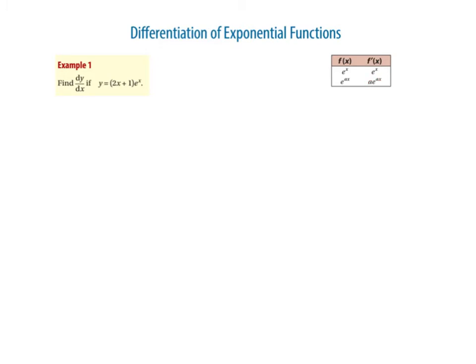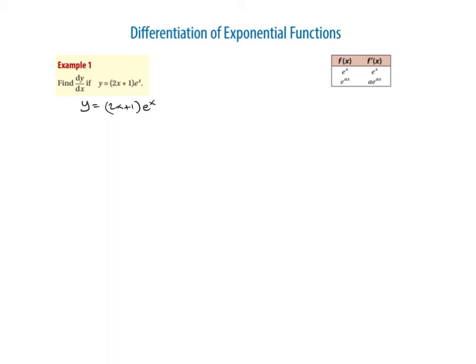So let's have a look at a few examples here. We've got find dy dx if y is equal to (2x plus 1) e to the x. Okay, so let's rewrite that for a second. We've got y is equal to (2x plus 1) e to the x. Now the first thing we've got to ask ourselves before we do anything is what type of rule we're going to use here.